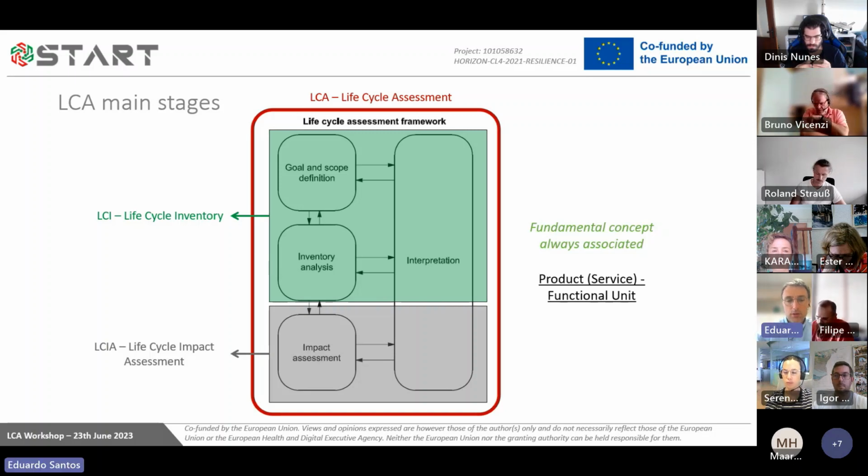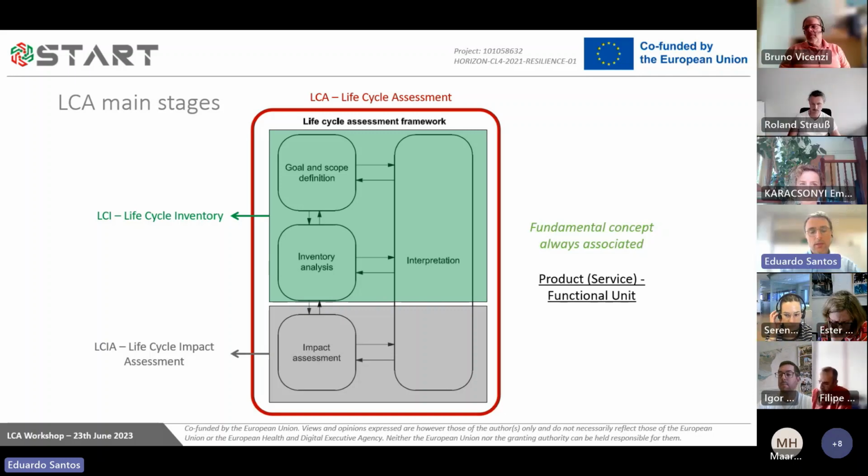Then the second part builds on the first part, which has the flows of matter, energy, and all of that, basically to assess the life cycle impact.